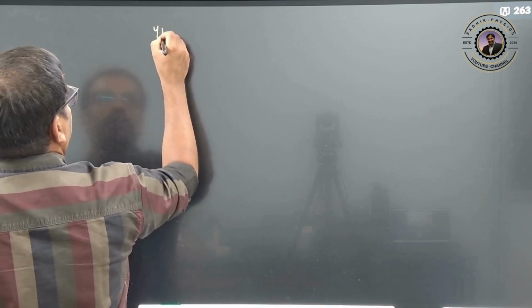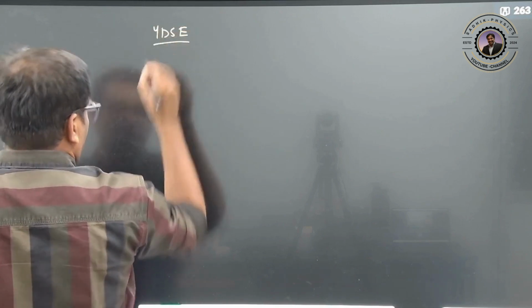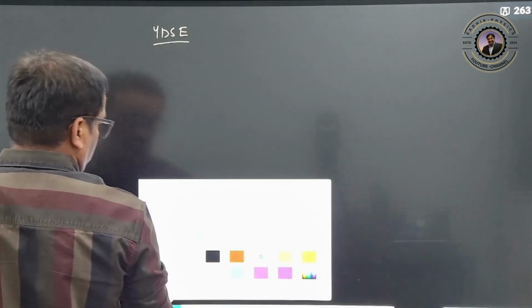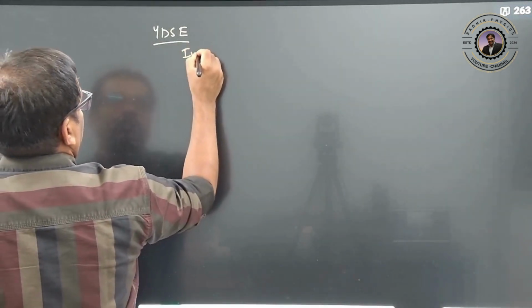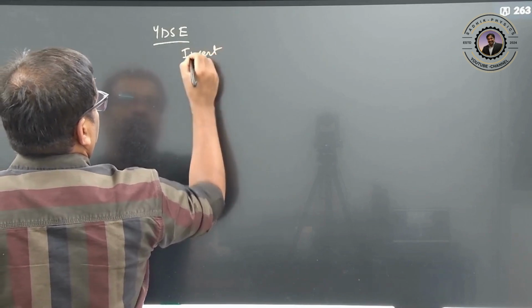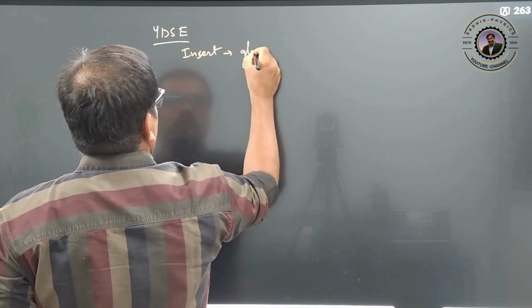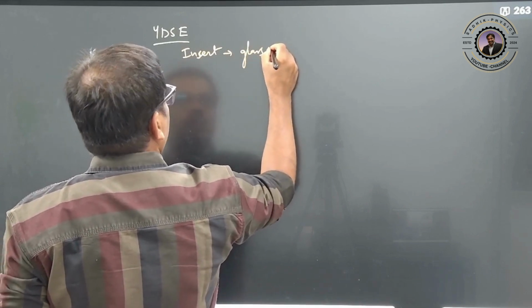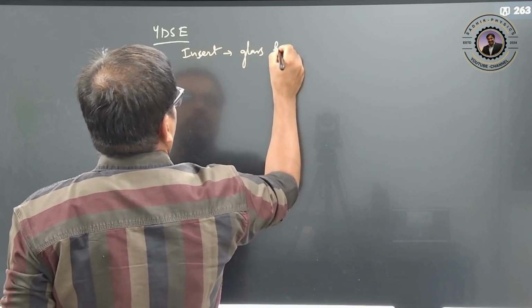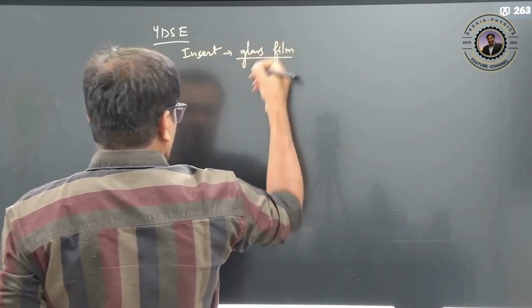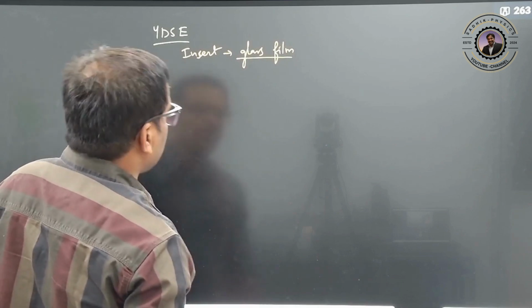In YDSE, what we are going to do is insert one glass slab or glass film or anything. So what is going to happen?